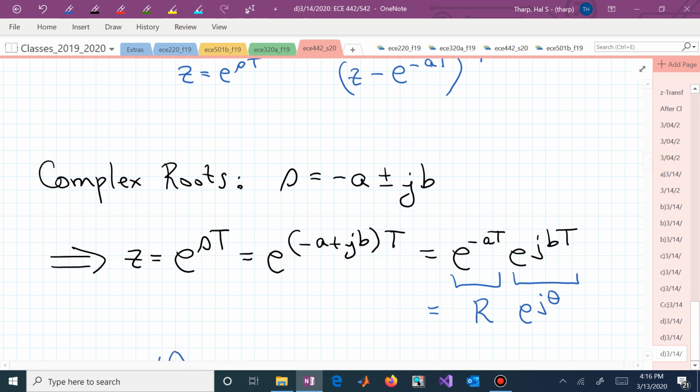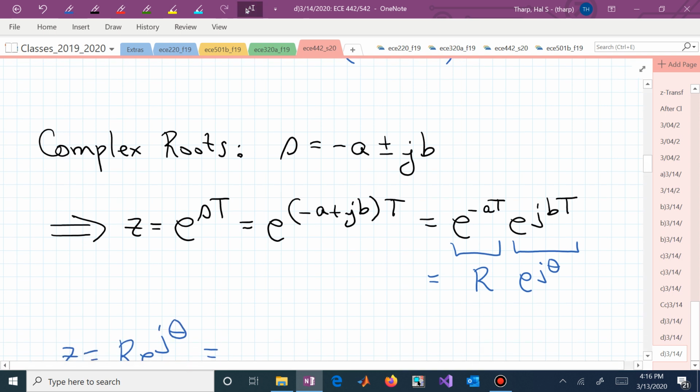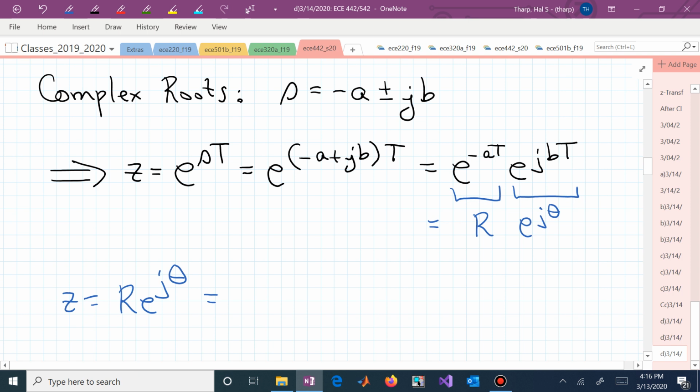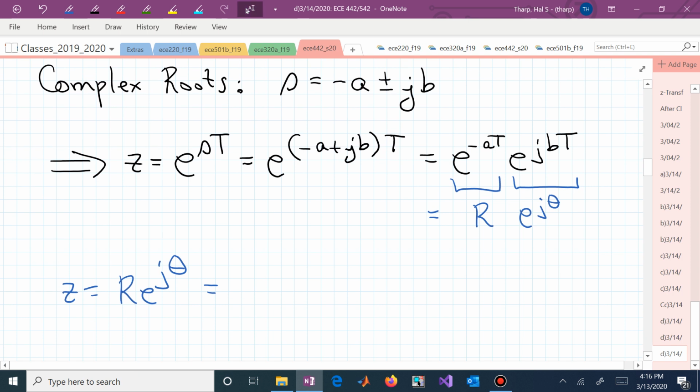The first piece is now our magnitude of z, because e to the j bT, if we call bT an angle theta, e to the j theta has a magnitude of 1. So the magnitude of z is R, and it has an angle of theta, or z is equal to R e to the j theta.